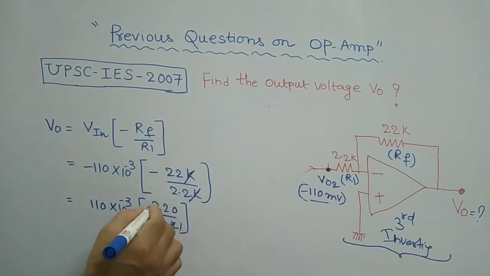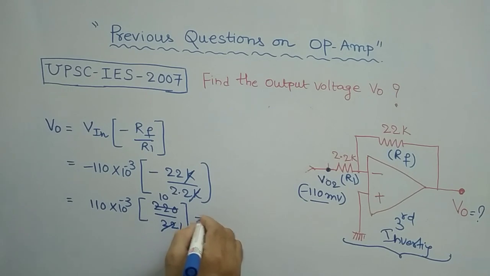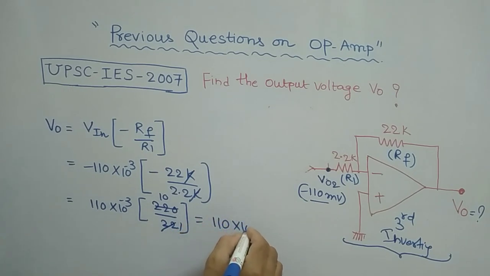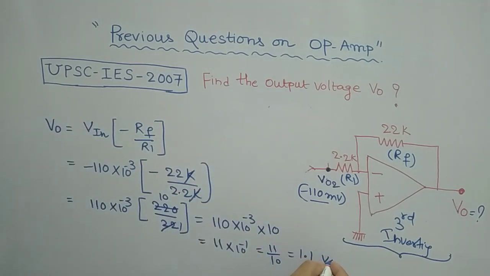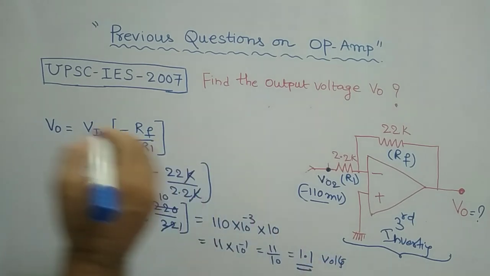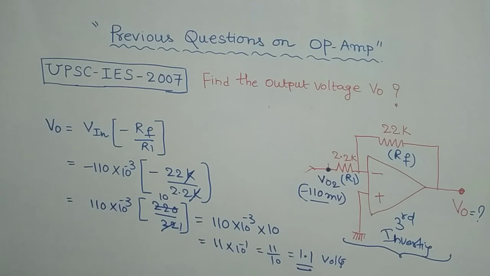Then 22 ones, 22 tens. Then this is equal to 110 into 10 power minus 3 into 10. Here 10 is there, here 10 is there, 10 square, that is 11 into 10 power minus 1, or otherwise 11 by 10, which is 1.1 volts. That is your answer. 1.1 volts is the answer for this question.